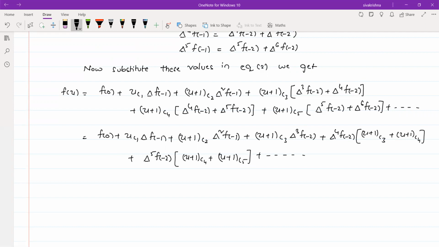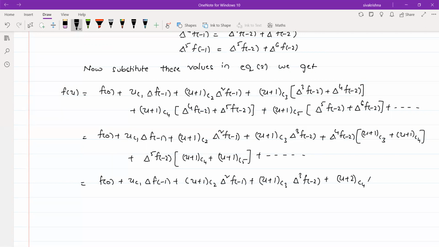We need not write all the terms. On simplification, once again we get f of 0 plus uC1 into delta f of minus 1 plus (u+1)C2 into delta square f of minus 1 plus (u+1)C3 into delta cube f of minus 2, and by using the binomial formula, (u+1)C3 plus (u+1)C4 can be written as (u+2)C4 into delta power 4 f of minus 2, and similarly (u+1)C4 plus (u+1)C5 can be written as (u+2)C5 into delta power 5 f of minus 2, plus and so on.